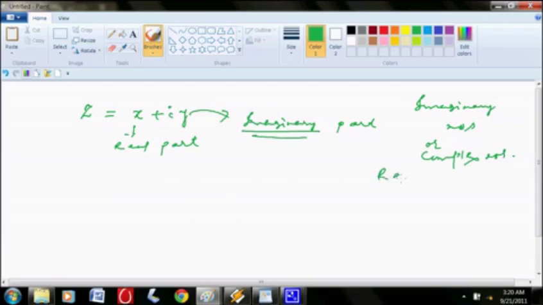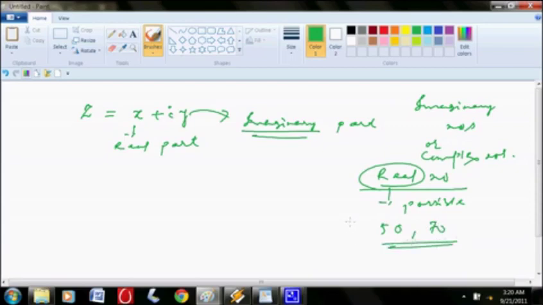What is a real number? A real number is something which is a possible number. Like, how many students are there in your class? You will tell a real answer like 50, 70. These all figures are real. You can also say log of 50, log of 70 and all this. These are possible numbers. Basically, use the calculator.